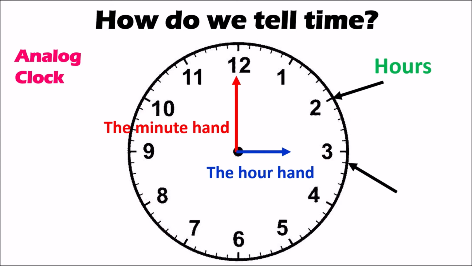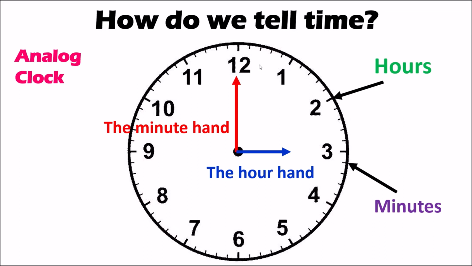What about the baby lines? What do they represent? Do they represent hours or minutes? They represent minutes. So if the minute hand moves from 12 to this little line, it means 1 minute has passed. And when it moves from 12 to 1, it means 1, 2, 3, 4, 5. 5 minutes have passed.